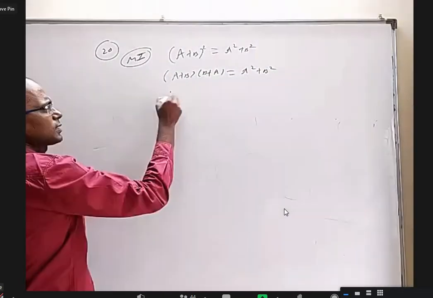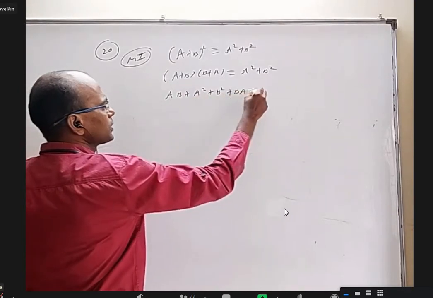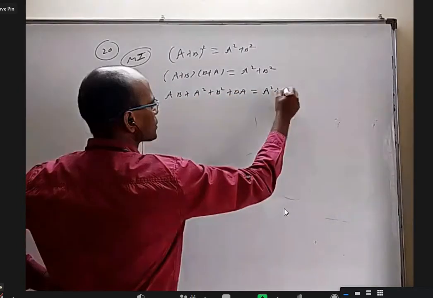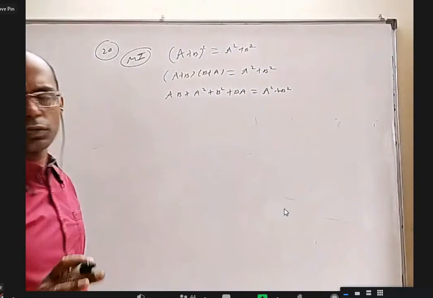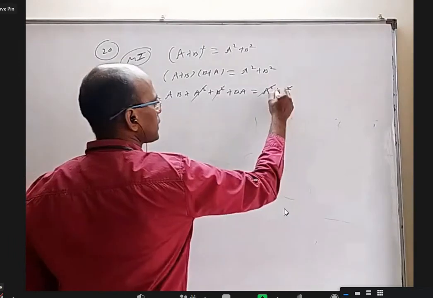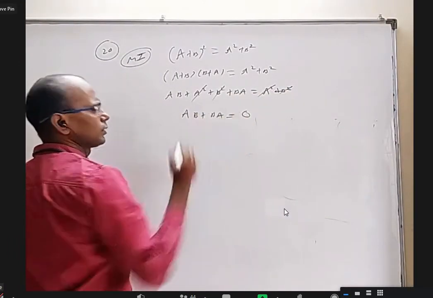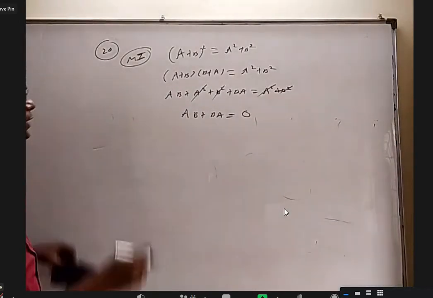When I expand this, I'll get AB plus A square plus B square plus BA equal to A square plus B square. We cannot write AB equal to BA, it's not correct. But A square can be cancelled, B square can be cancelled. We can only write it as AB plus BA is null matrix. So let us find AB, let us find BA.